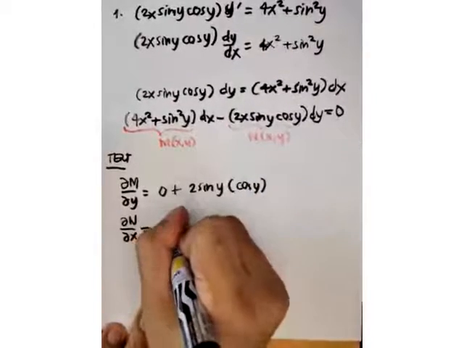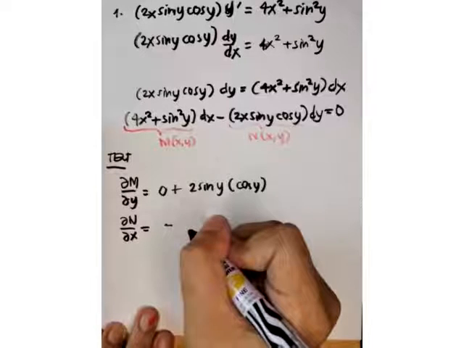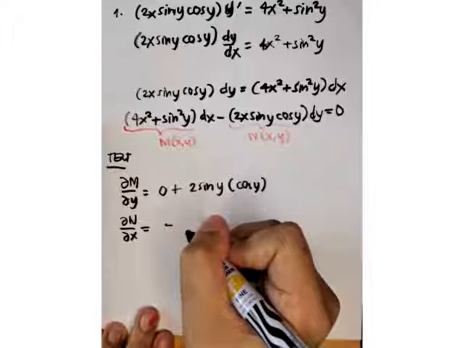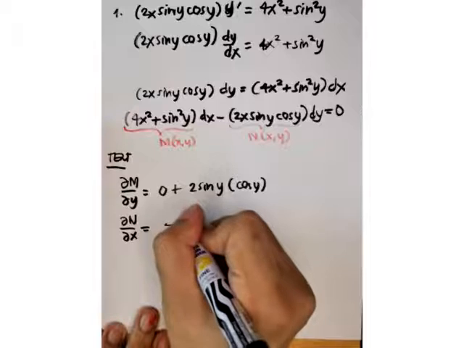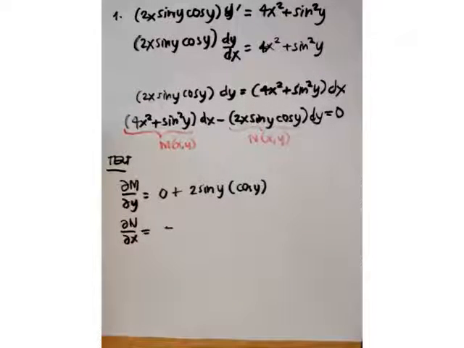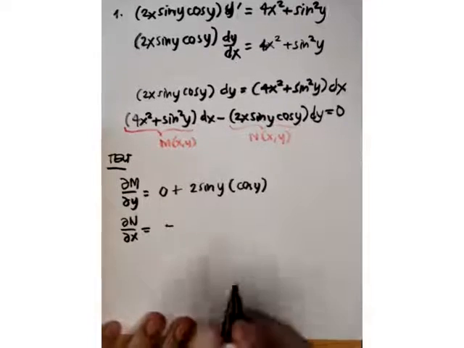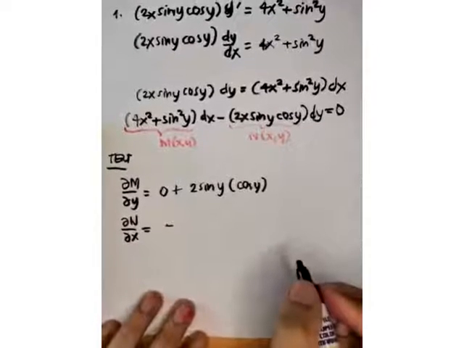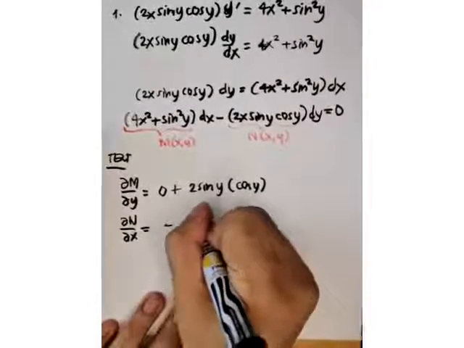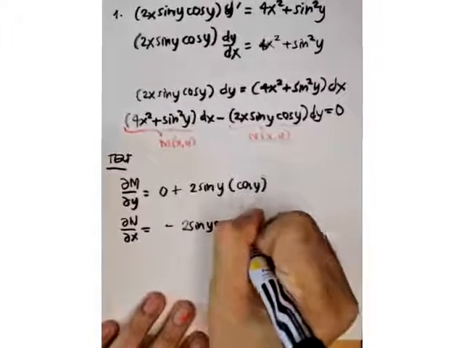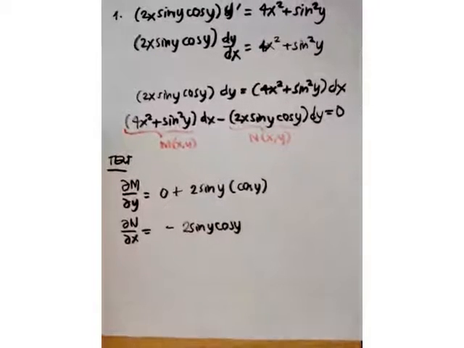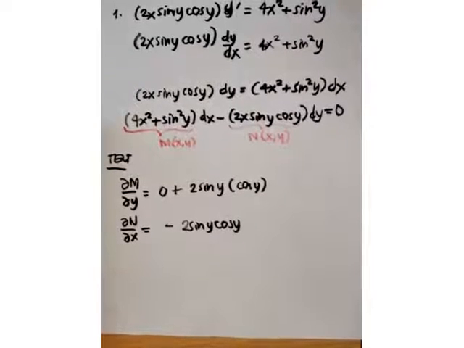So the answer is negative 2 sine y cosine y. Tama naman. Okay. So that means it's not exact.